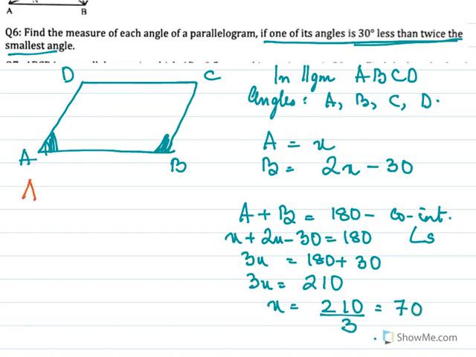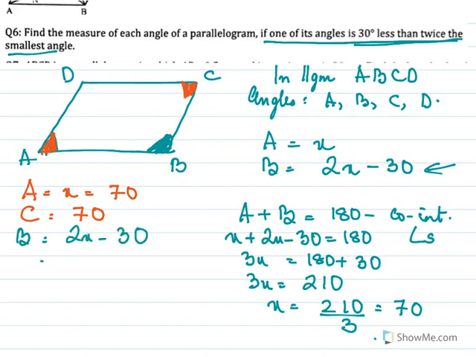So let's write the angles. Your angle A was X, which is 70. And angle A will also be equal to angle C, because opposite angles are equal. So C also is 70. When it comes to angle B, we saw angle B is 2X minus 30.